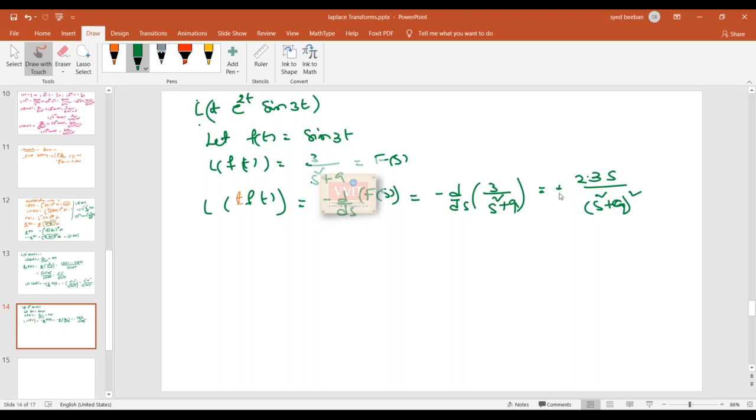Again minus, so minus of minus is plus, which will be 6s by s square plus 9 whole square.